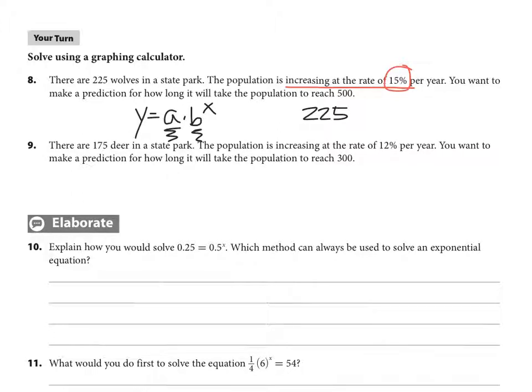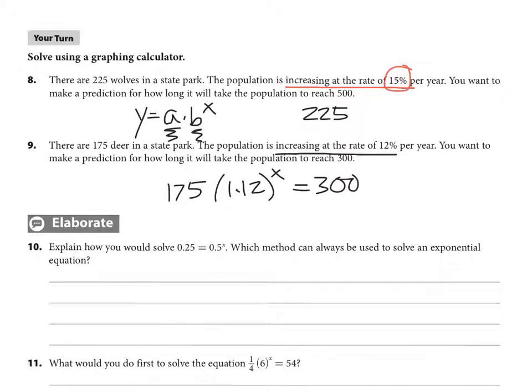Alright, so there are 175 deer in a state park. So that's what we start with. The population is increasing. So that's going to be 1.12. We're adding it to 1 because we know it's got to be greater than 1 since it's increasing. And you want to know when it reaches 300. Okay, so this time, I'm again going to put that in my calculator.